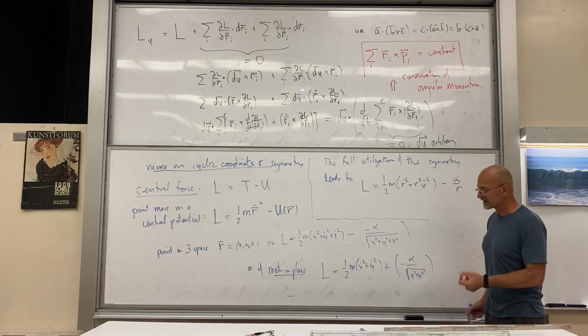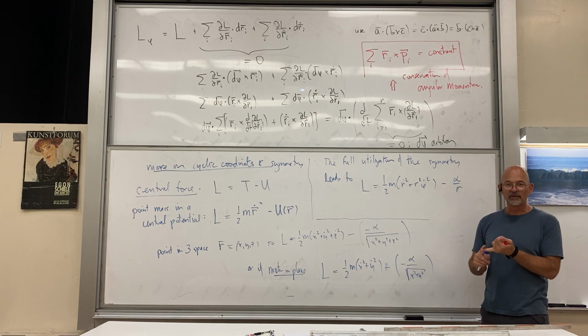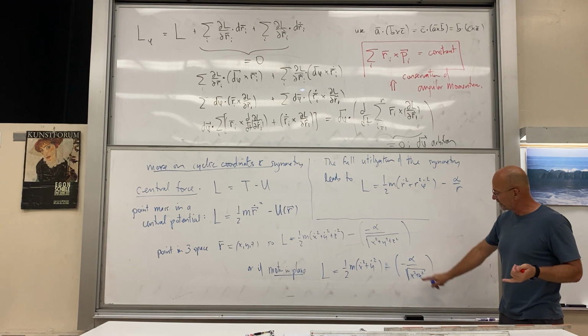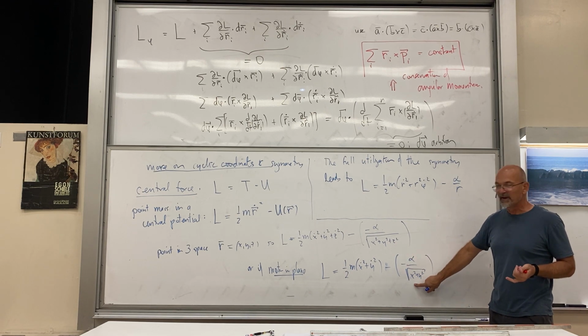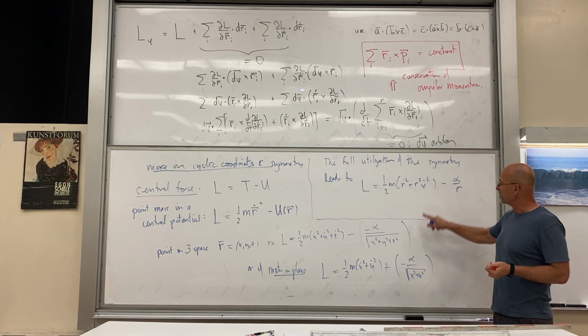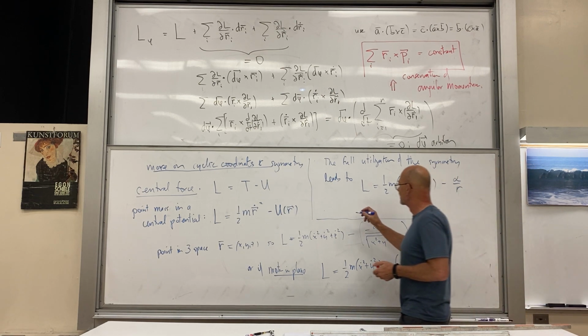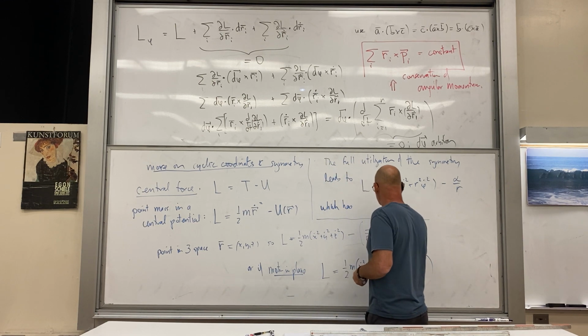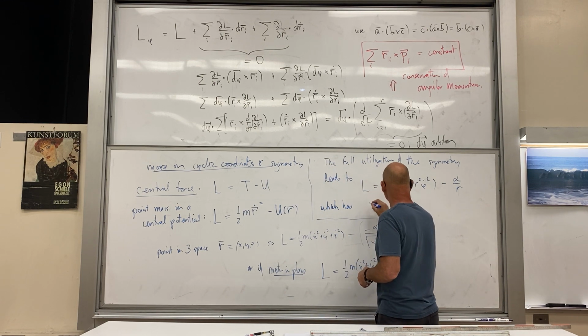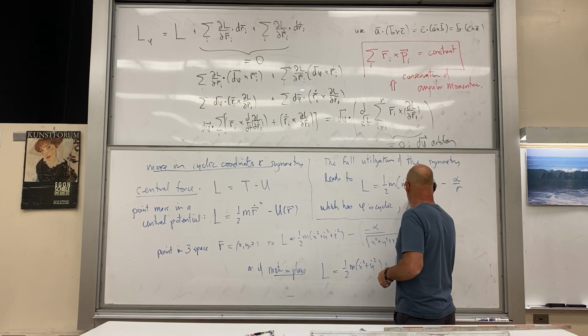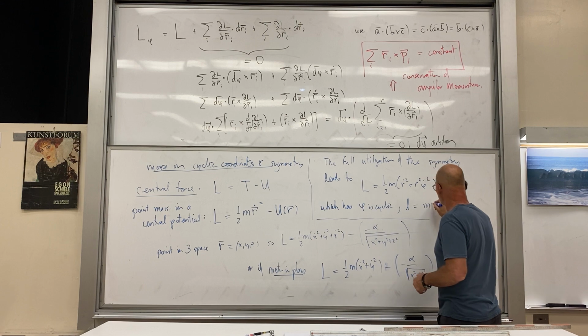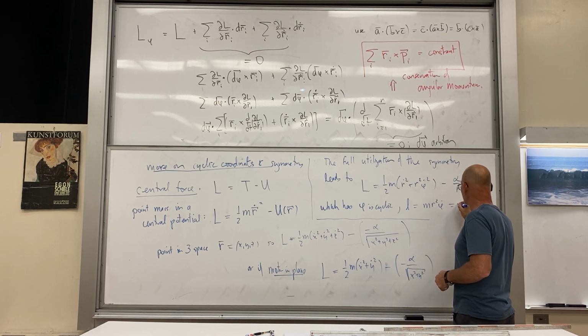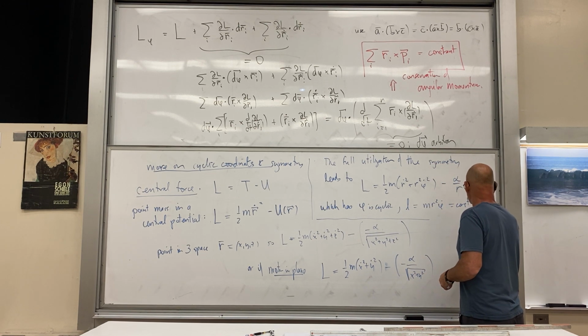And if you have the cyclic coordinate, you get explicitly the conserved angular momentum. You're not seeing any conserved angular momentum in the Cartesian form, and you're not going to, okay? You explicitly see it here: phi is cyclic, so L equals m r squared phi dot is constant.